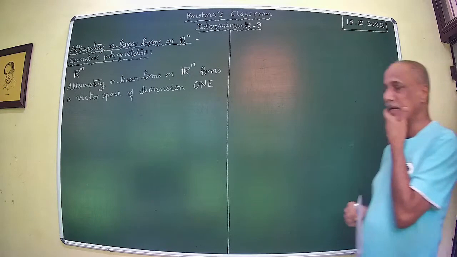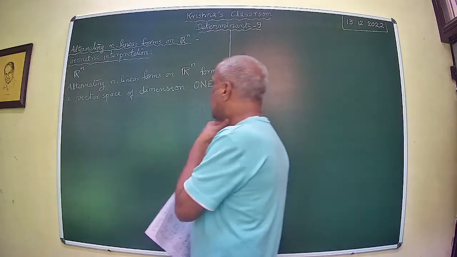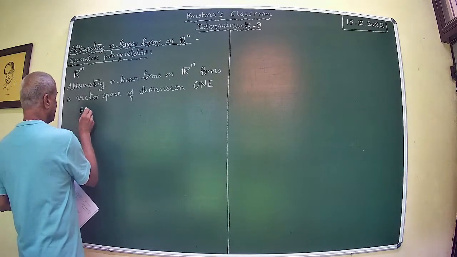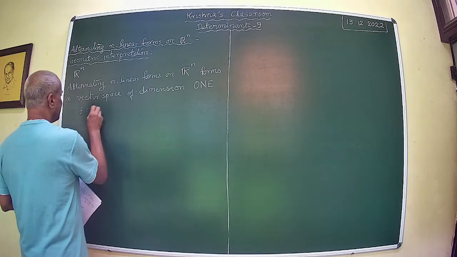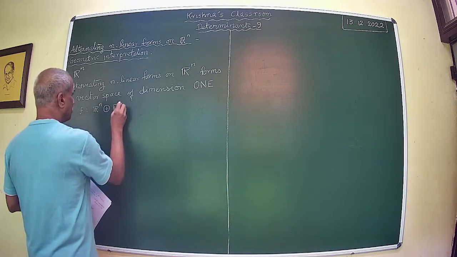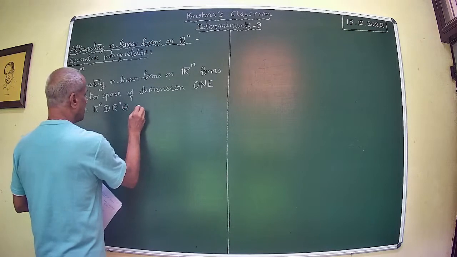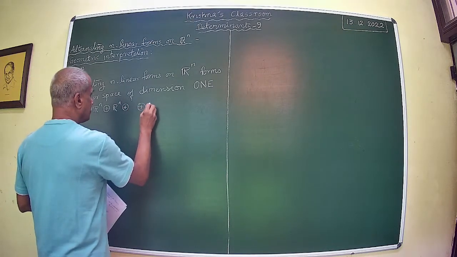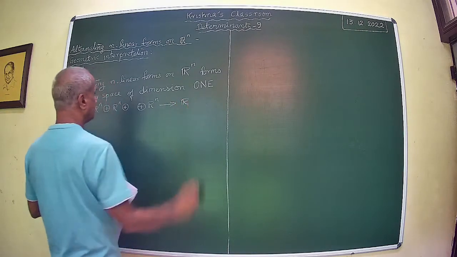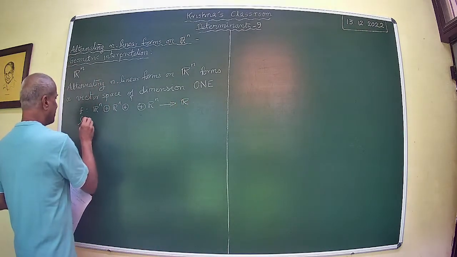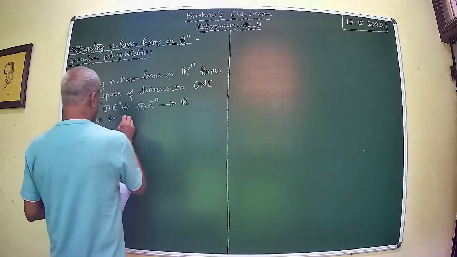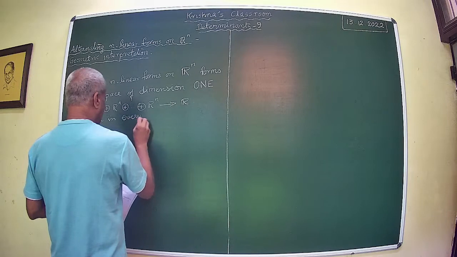What you call an alternating n-linear form is a map from Rn times Rn and so on to R, which is linear in every argument.